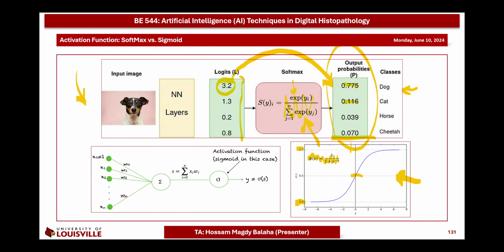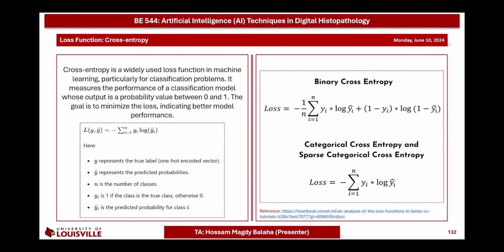And as mentioned in the previous lecture, our aim is to minimize the loss function between the actual output and the predicted output, which in our case is the output probabilities. So we need to use a loss function. The most commonly used classification loss function is called cross-entropy.